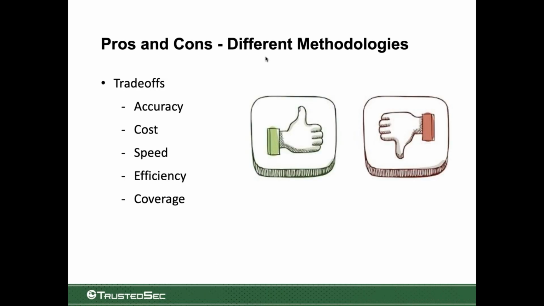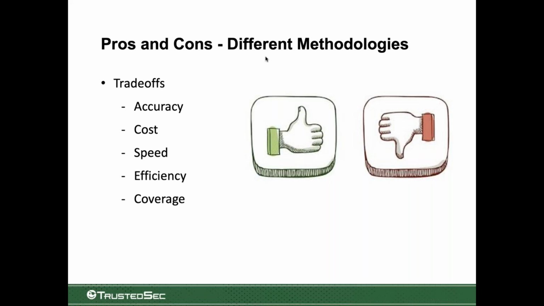But it is very important. There are some pros and cons between the different methodologies. Obviously, I probably should have put cost at the top here, but the main one is generally cost for most people, right? And compliance. If they're just trying to check a box and achieve some compliance, they're usually worried the most about the cost.